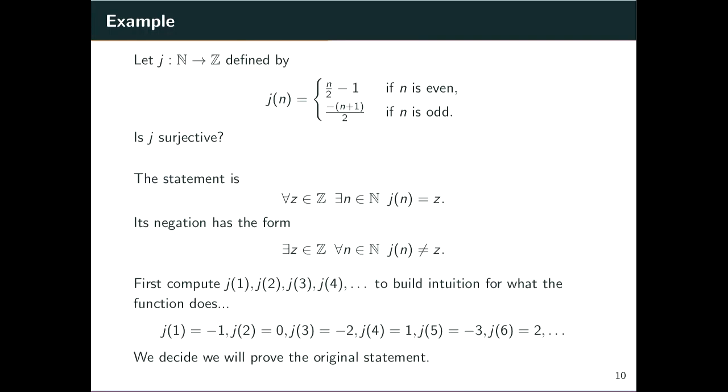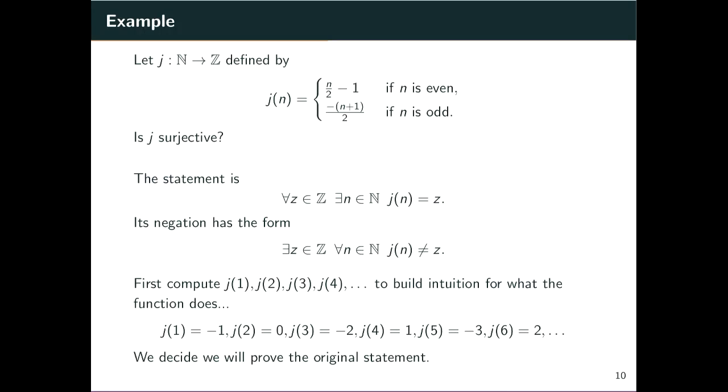So the statement we need to prove, if we are asking is j surjective, and if we say yes, then what we need to prove is for all elements in the integers, so that's positive and negative numbers, and 0, there exists a natural number such that the function maps to this integer.